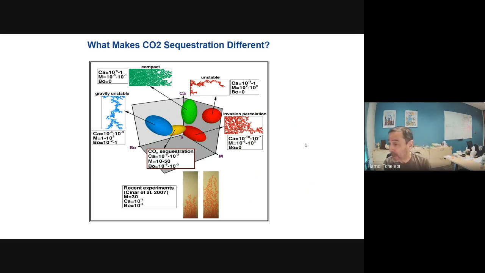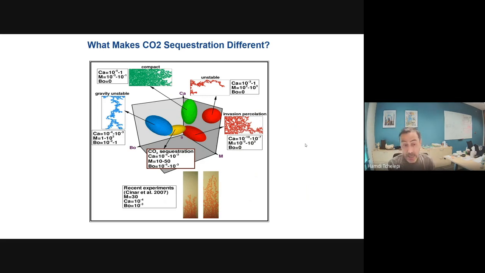One is M. Think of M as the viscosity ratio between the two fluids. The other one is the capillary number. Think of it as the ratio of the characteristic viscous pressure drop versus the capillary pressure, which is the pressure that separates the interface between the two immiscible fluids. And then there is the buoyancy. Buoyancy is the ratio of the buoyancy forces to the capillary forces.